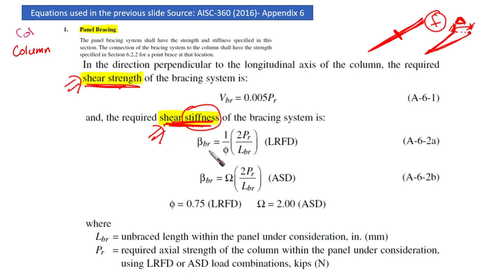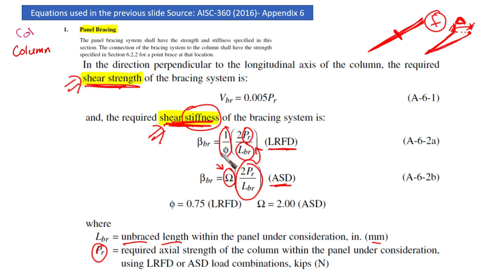And this shear stiffness is going to be 1 over phi, if we're talking about LRFD, times 2 PR over LBR. PR, you know it, required axial strength. LBR, you know it, it is the unbraced length within the panel under consideration in millimeter. Instead of 1 over phi, we can put omega here, which is the safety factor, if we are talking about ASD, and this fraction is going to be the same.